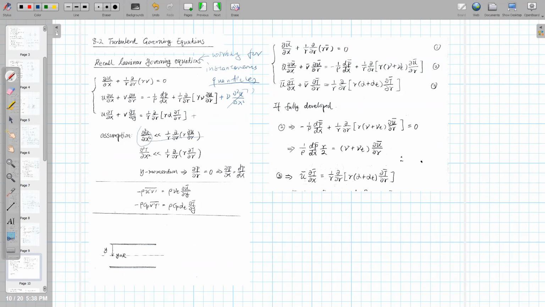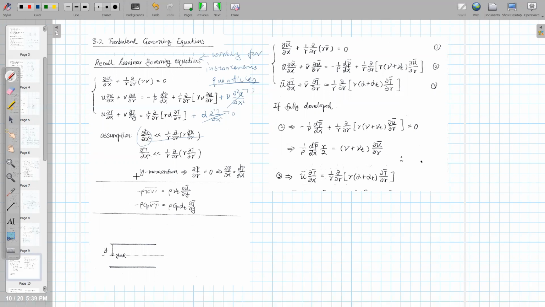For the temperature, it is a similar thing. You also should have an alpha partial square T over partial X square. But because you do a scaling analysis, the temperature change in the R direction is much larger than the temperature change in the X direction, so this is also neglected. And again, we only have X momentum.